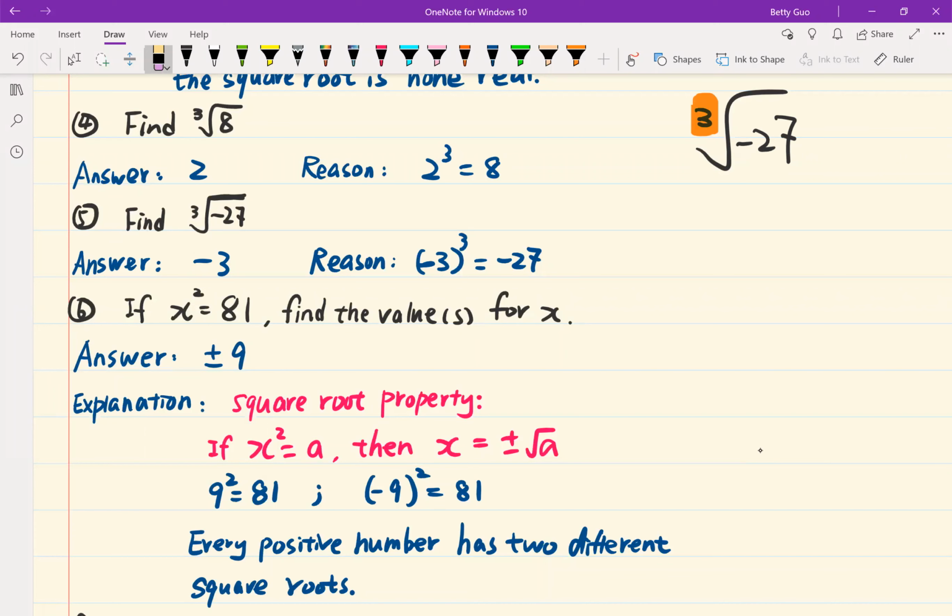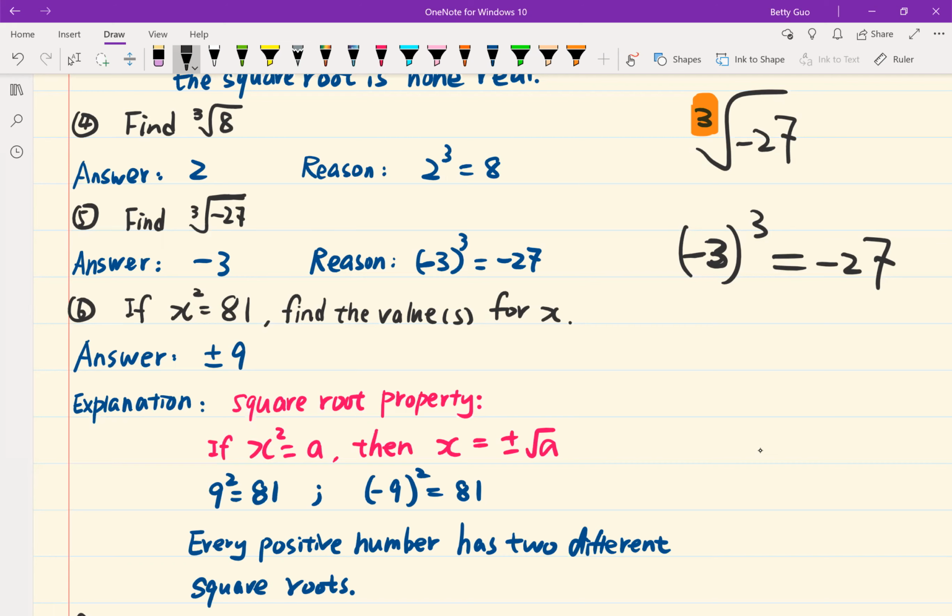It represents a negative number whose cube is negative 27. Which negative number has a cube equal to negative 27? Negative 3, exactly. So the result is negative 3. You can try your calculator: negative 3 times negative 3 times negative 3 gives you negative 27. That is number 5. Any questions so far?